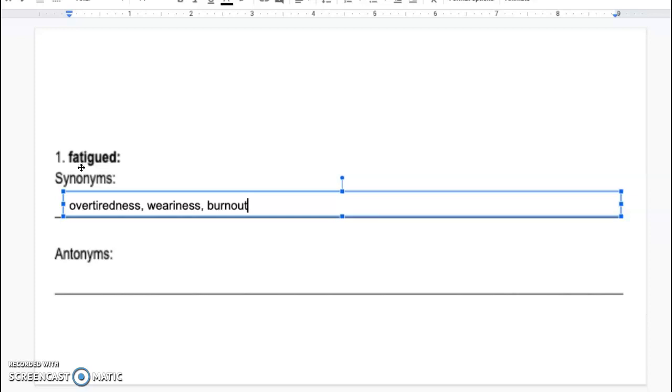Let's jump to antonyms. Remember, what's an antonym? It's the opposite. I bet you can think of what the opposite of tired is, but let's go ahead and use our thesaurus anyway.